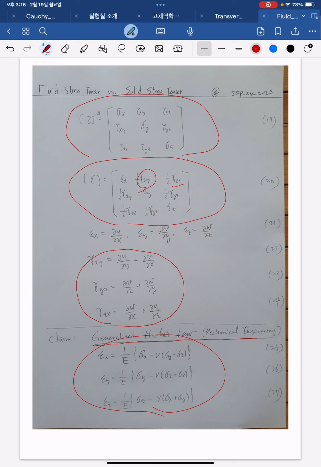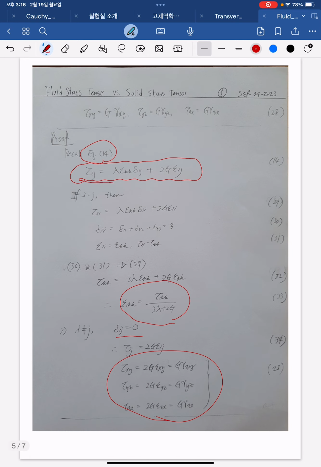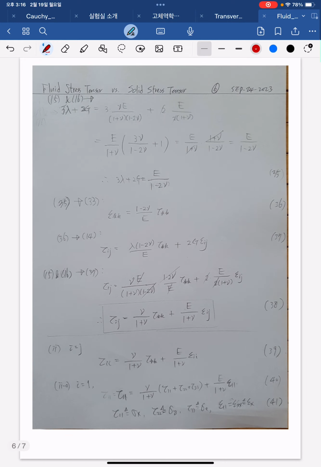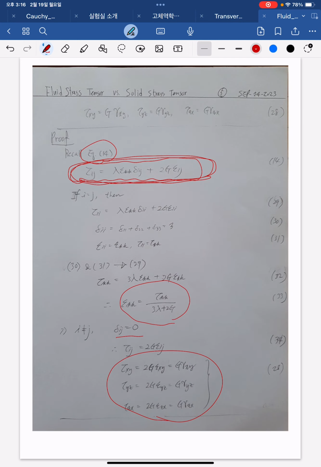In mechanical engineering, this generalized Hooke's law is well known. These equations can be derived from the generalized Hooke's law in tensor notation, equation 14.